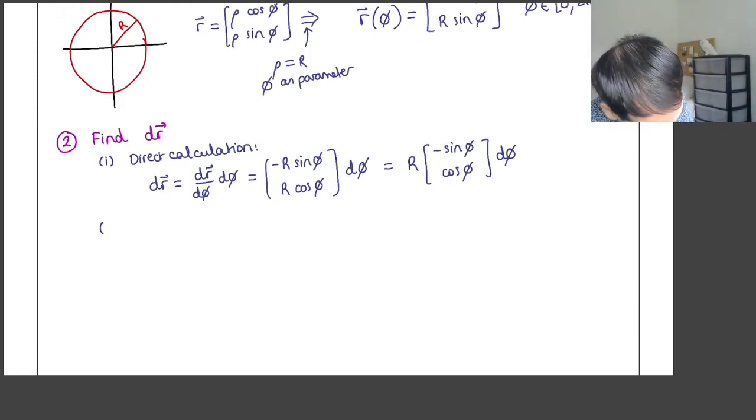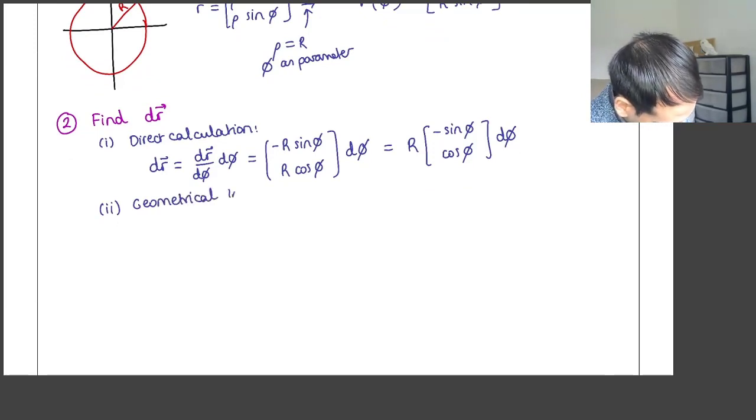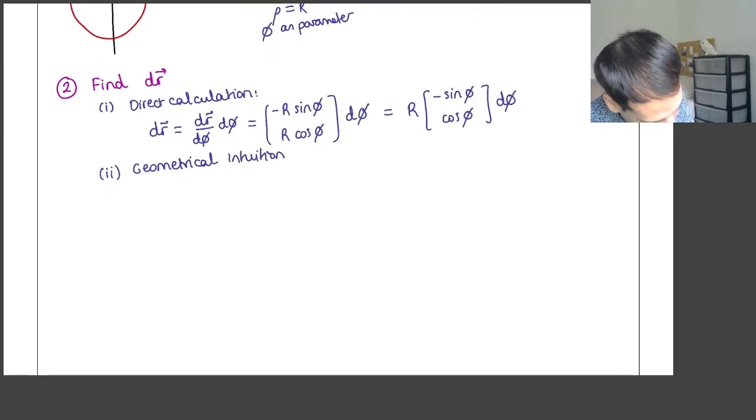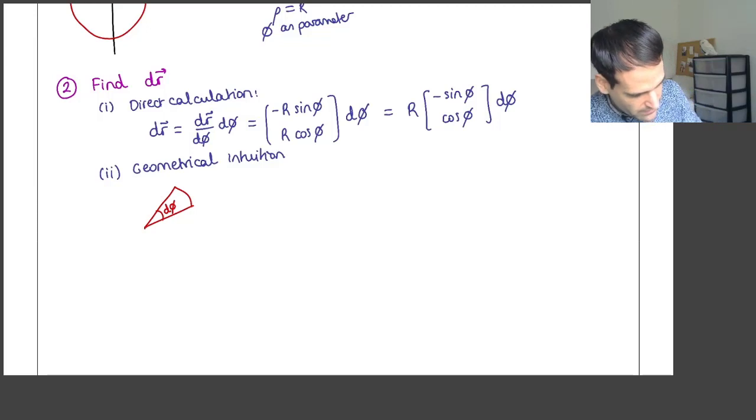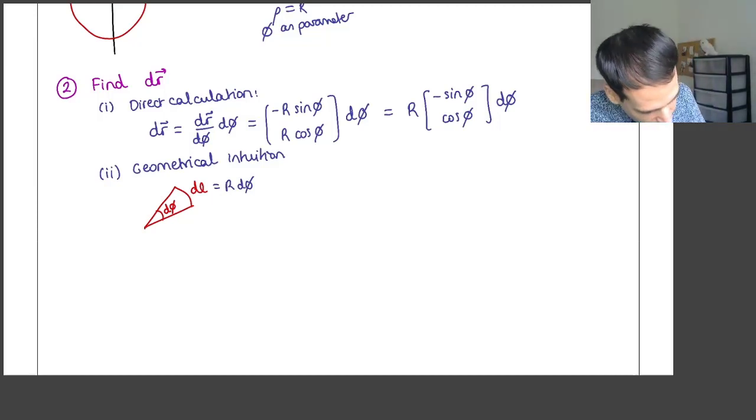Another way we could do it is by geometrical intuition. By thinking about a certain angle phi and increasing the angle by an amount d phi, the length of this arc dl is simply equal to r d phi. But dr is a vector, so we need to find the dr vector.